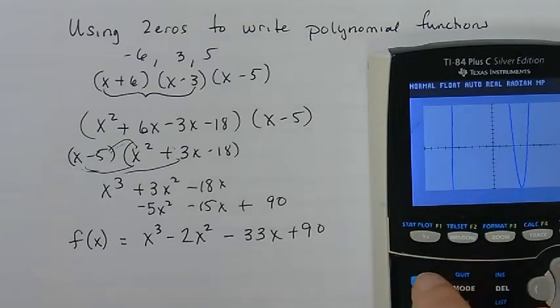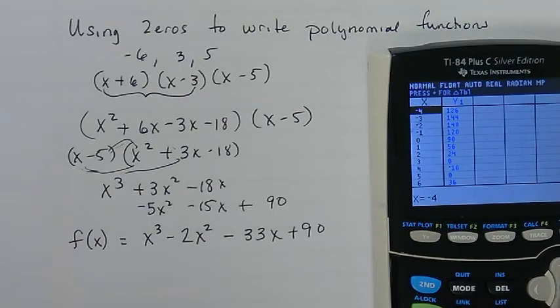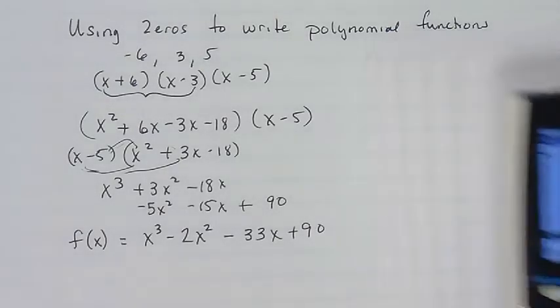And if I check my table, I should see at negative 6 a 0. I should see down here at 3 a 0, and I should see at 5 a 0. So you can definitely check yourself.